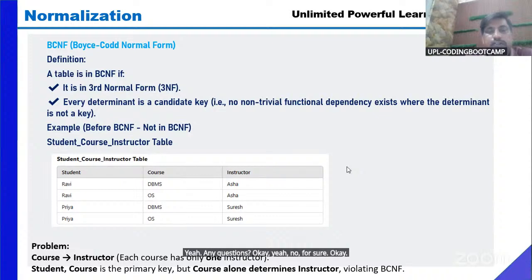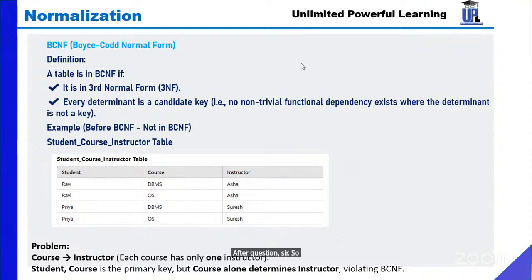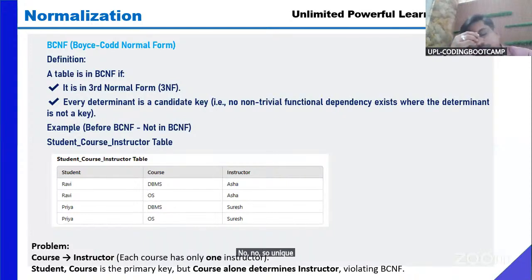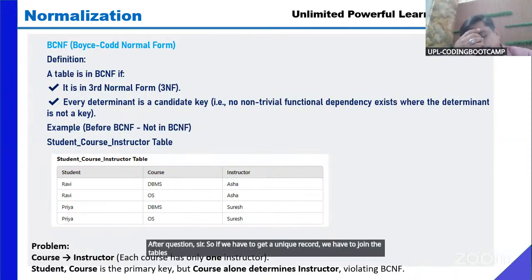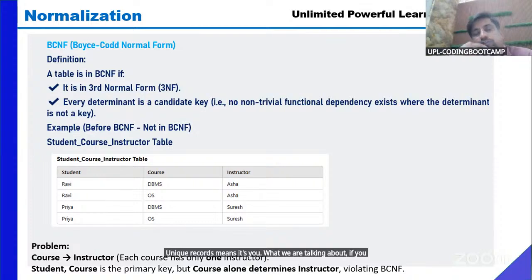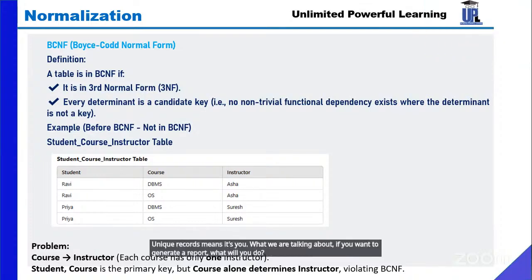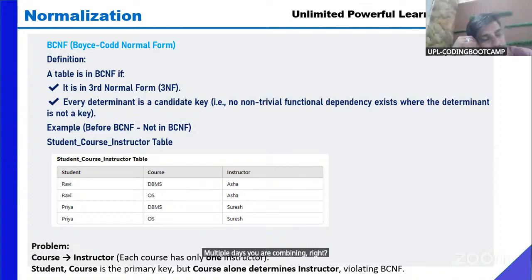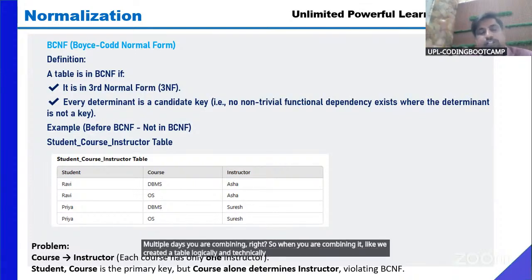Just a question, sir. If we have to get a unique record, we have to join the tables. No. See, if you want to generate a report, you have to combine multiple tables, right? When combining, we created a table logically, technically we felt that this is right.